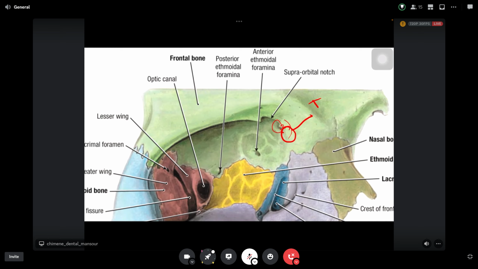Basically, the lacrimal gland will secrete the tears in the superolateral angle of the orbit, and they will pass across the eyeball in here, right? And will enter the lacus lacrimalis, so the lacrimal lake, right?